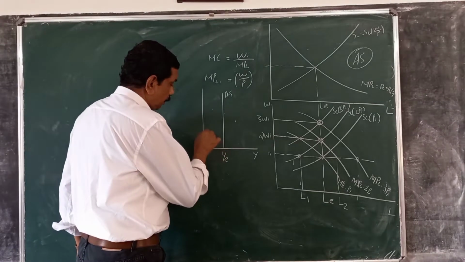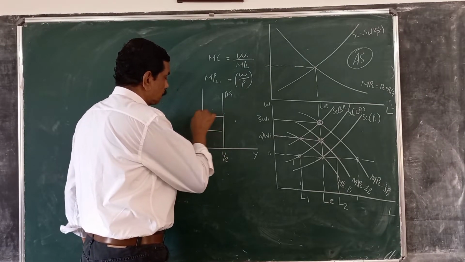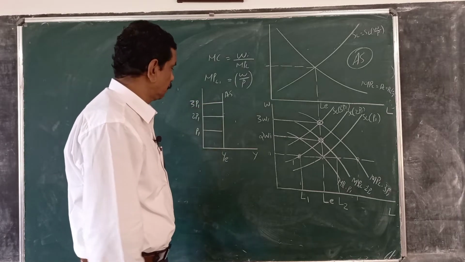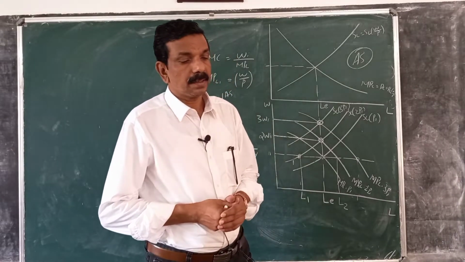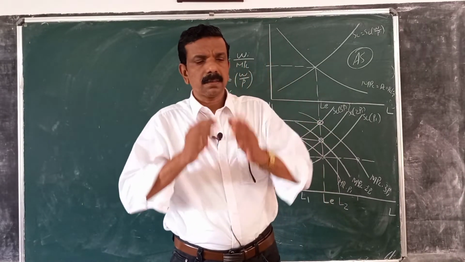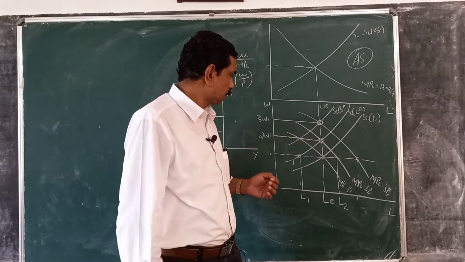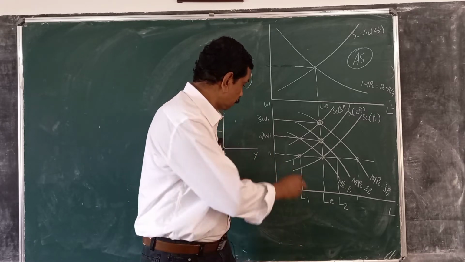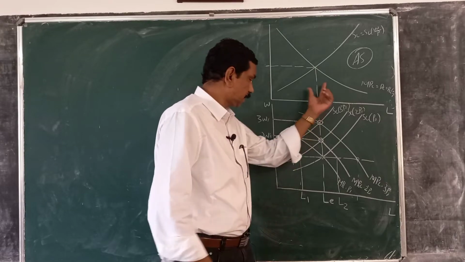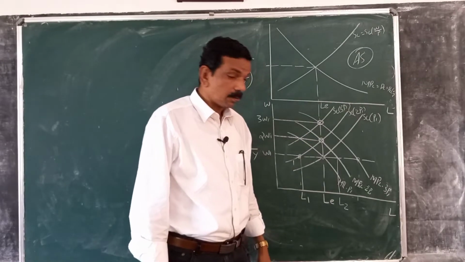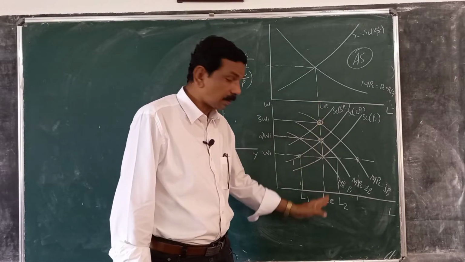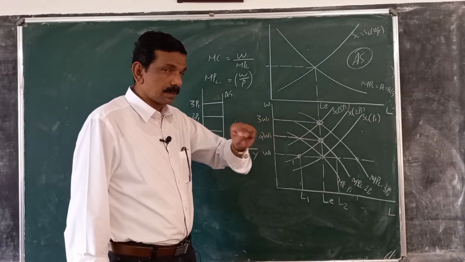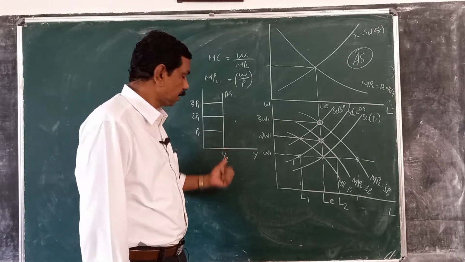The level of output is YE, with price levels P1, 2 P1, 3 P1, etc. When P is equal to P1 and W is equal to W1, from this graph, the level of employment is LE, and the corresponding output that we have derived earlier is YE.